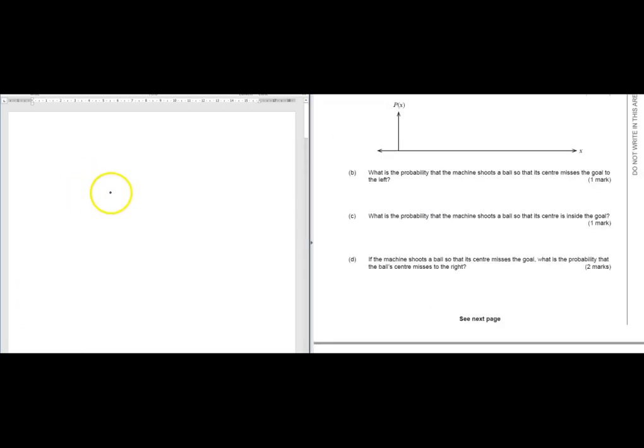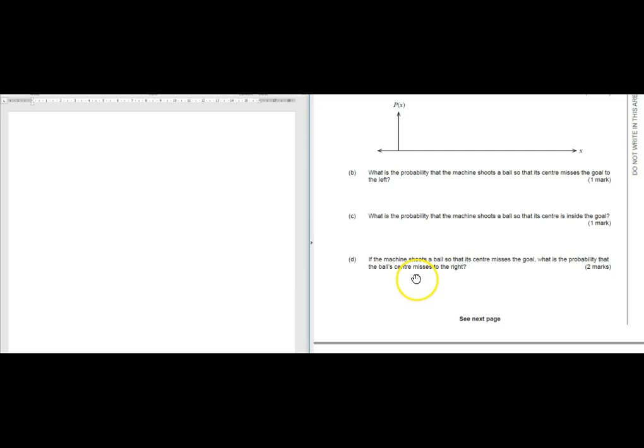Okay, now let's take a look at one past year question. This is Calculator 3, 2017 voice question. Let's take a look at question D. If the machine shoots a ball so that its center misses the goal, what is the probability that the ball center misses to the right? So in this question, what is the condition?